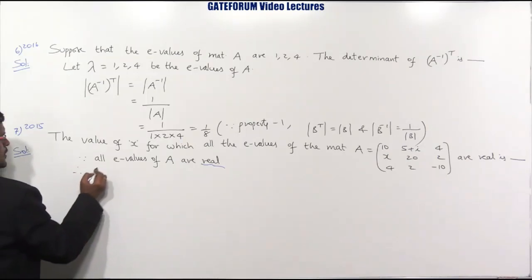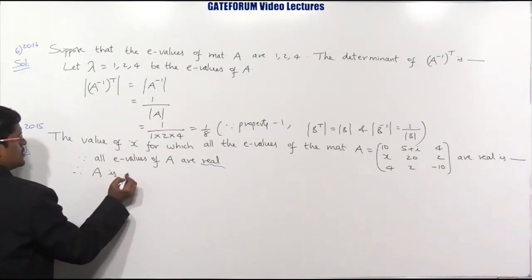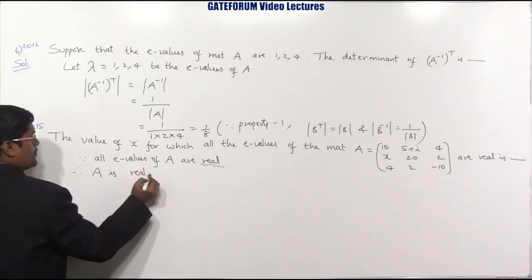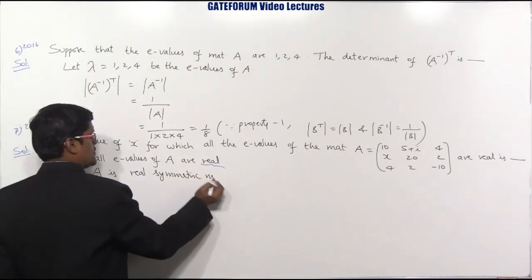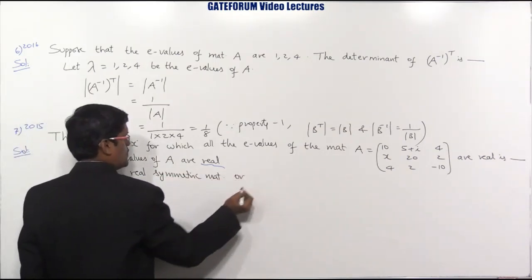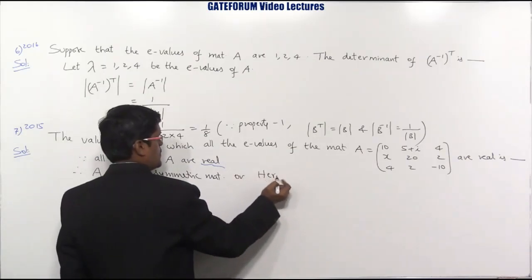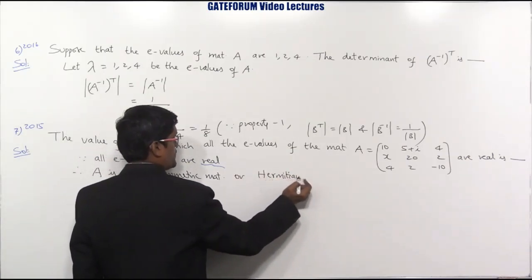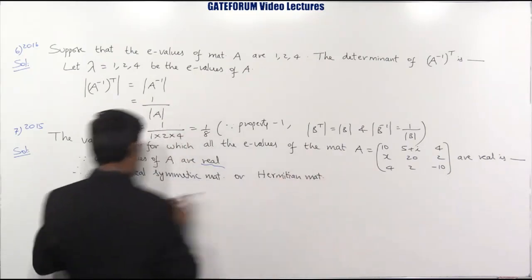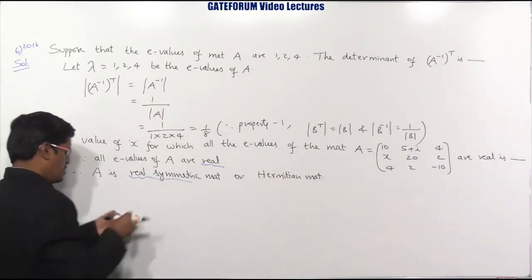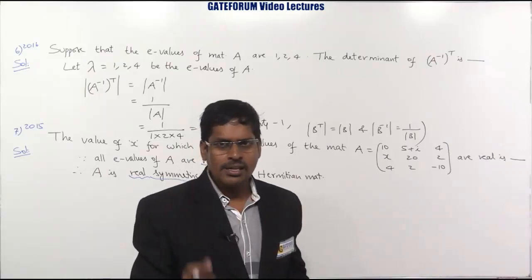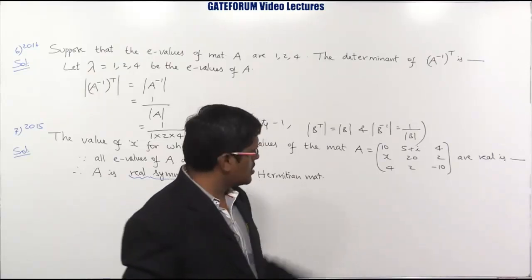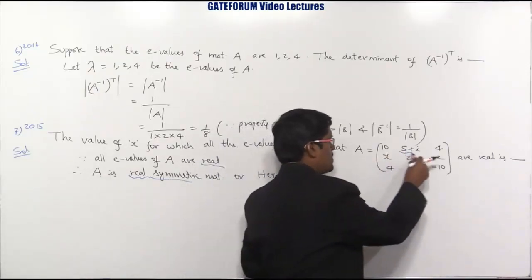Therefore, A is a real symmetric matrix or Hermitian matrix. So just underline real symmetric. What is real symmetric? A transpose is equal to A. Real matrix means all elements are real numbers, but one of the elements is a complex number.